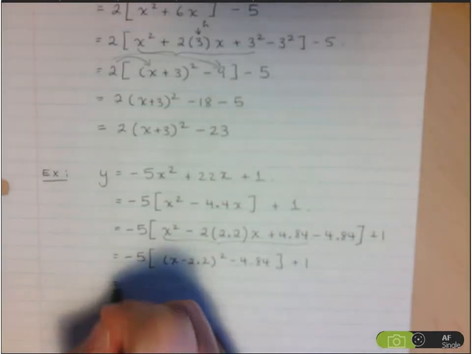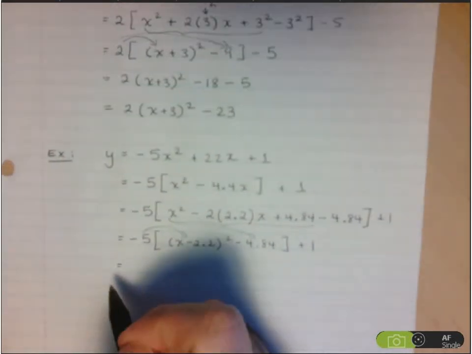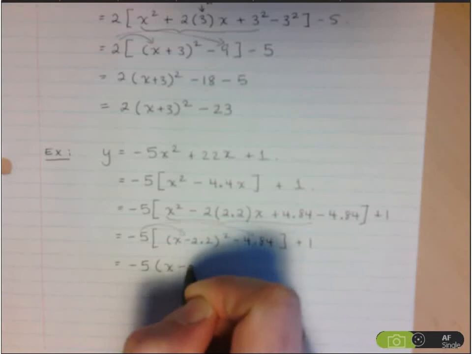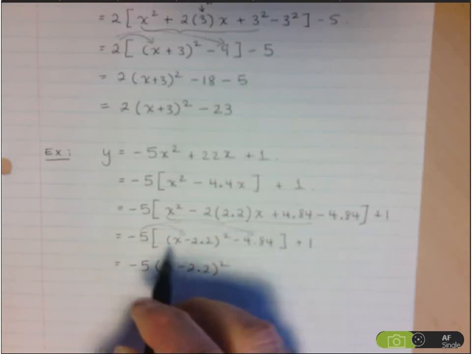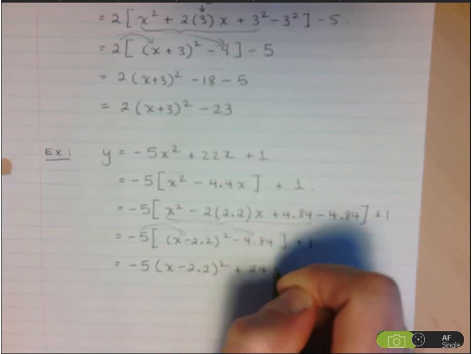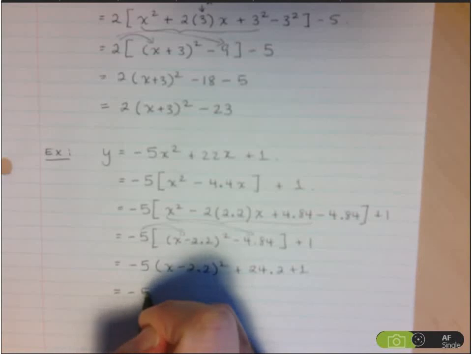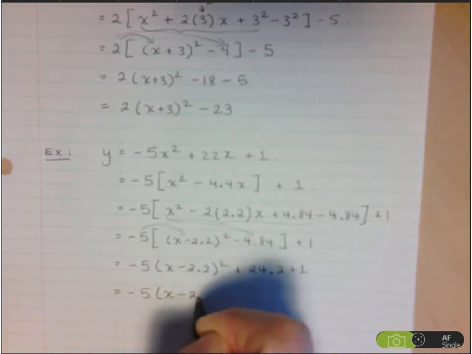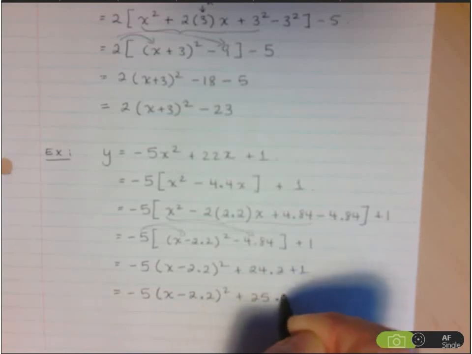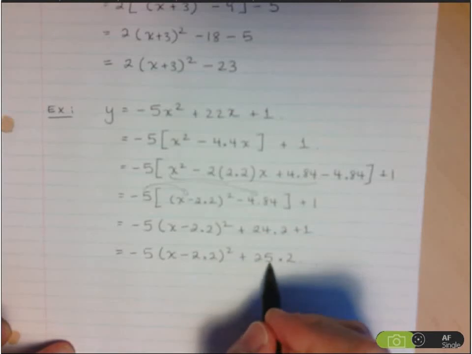And now we need to get it into vertex form, so we have to distribute the -5 to both expressions in the square bracket, and we end up with -5 times x minus 2.2 squared, and then -5 times -4.84 is just 24.2. Our last step is to simplify everything, and we have -5 times x minus 2.2 all squared plus 25.2. That means our vertex here would just be 2.2, 25.2.